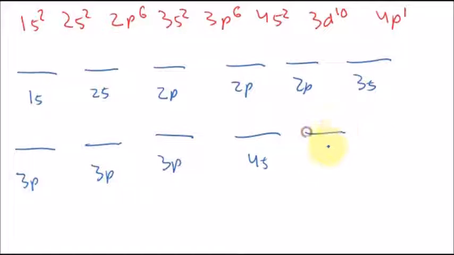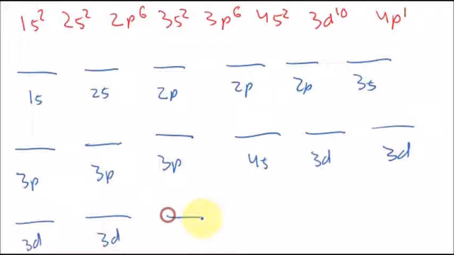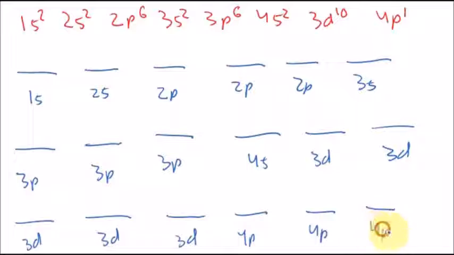So 1, 2, 3, 4, 5, and then finally 4p1. So we know in the 4p sublevel we have 1, 2, 3 orbitals. Okay? So now that we have our orbitals figured out, we can go ahead and distribute our electrons.